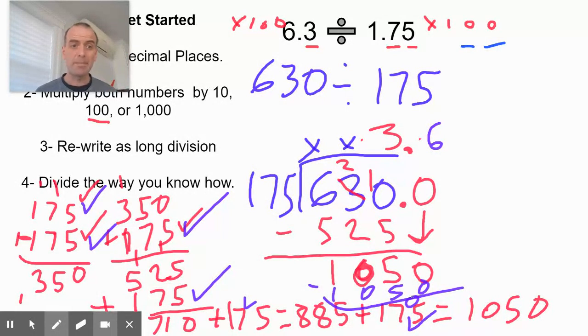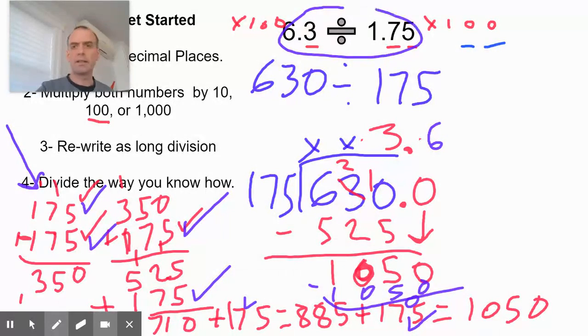And I don't think it's bad to use a calculator for the division step, the skip counting. Do not do the whole problem with the calculator, because you won't learn how to do it. But if you want to skip count by 175 with a calculator, that's fine to focus on the steps. But this is how you have to get the zeros out. All right? Good luck.